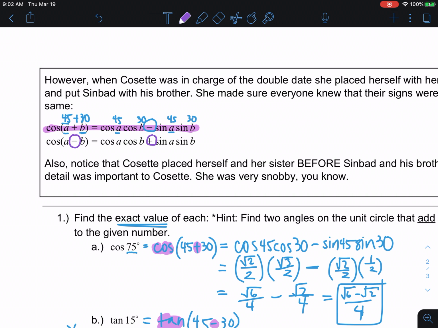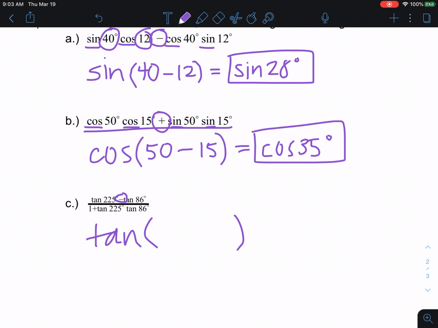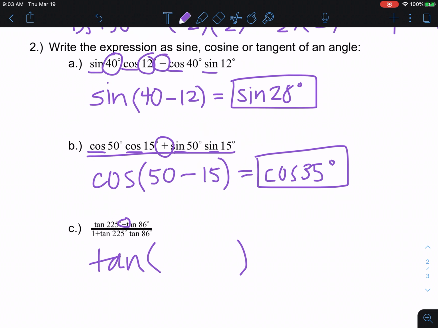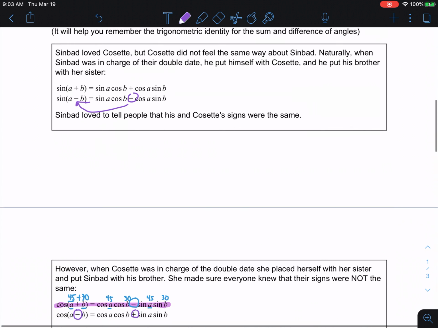Last one, this one obviously is a tangent identity. We just have to figure out which one it is. And the easiest way to know is the top symbol here. It's a minus. So if we go back up here, minus means minus. Easy as that.